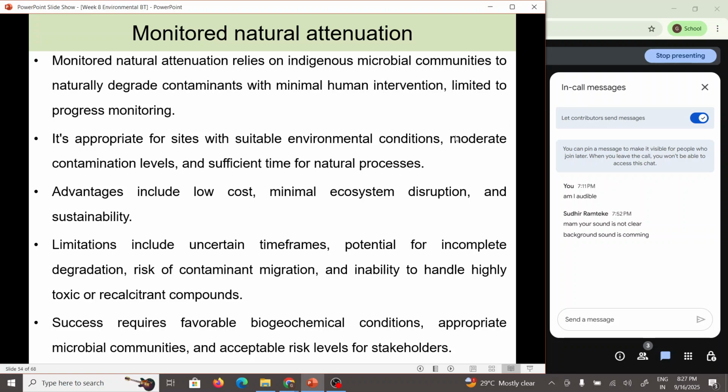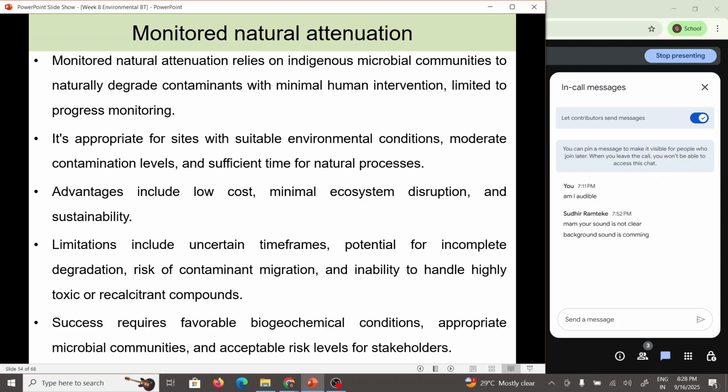In case of moderate contamination, we just need to monitor whether the process is going on fine. But when we have high contamination levels, we have to add extra microorganisms. This is called bioaugmentation, and the process will go into a managed bioremediation system. So this is the key difference between spontaneous and managed.